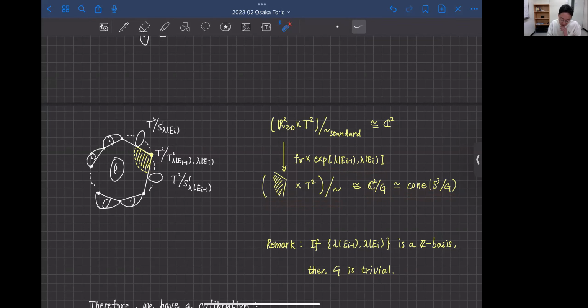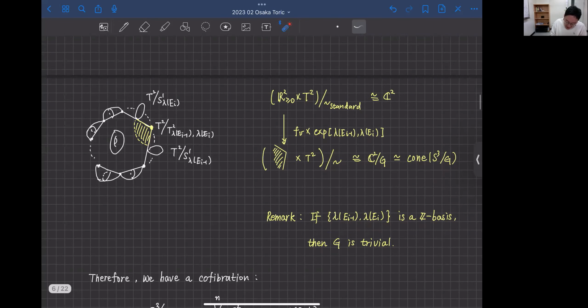For instance, this boundary region corresponds to the sphere quotient by the finite group, and then we can take a cone of this. Also, one small remark: if lambda e_{i-1} and lambda e_i form a basis, then this group G is trivial.